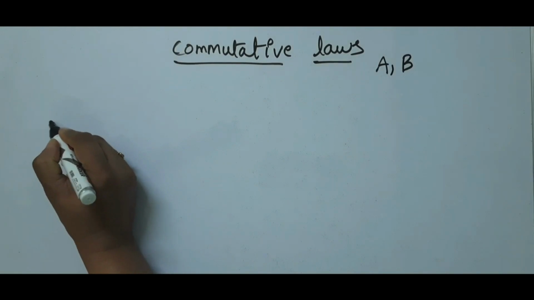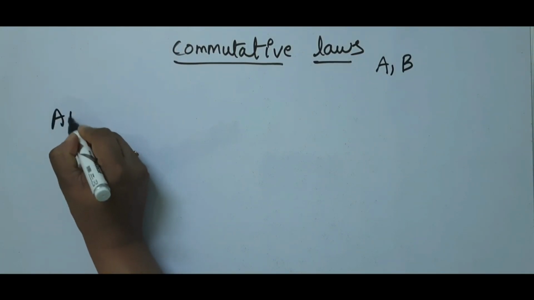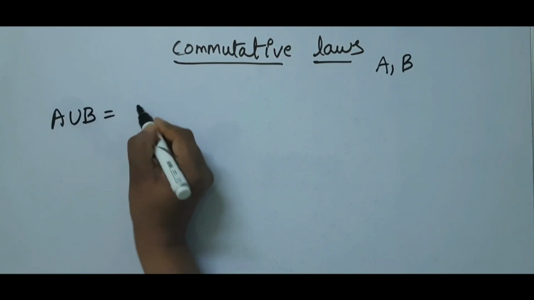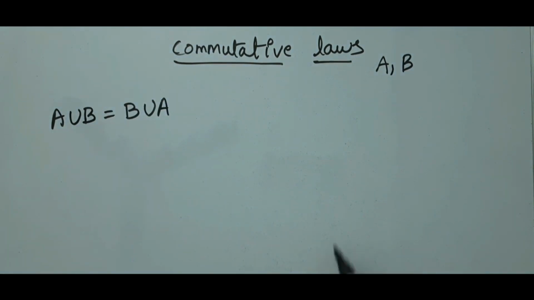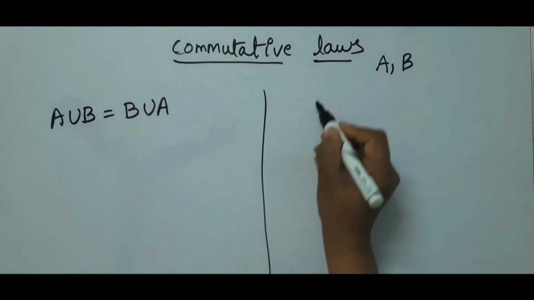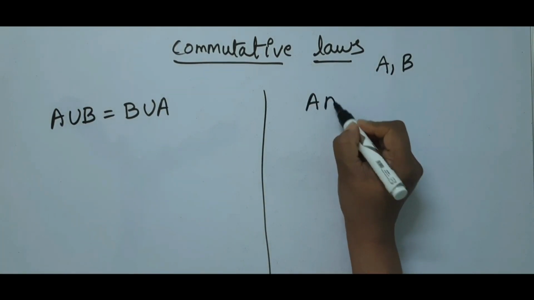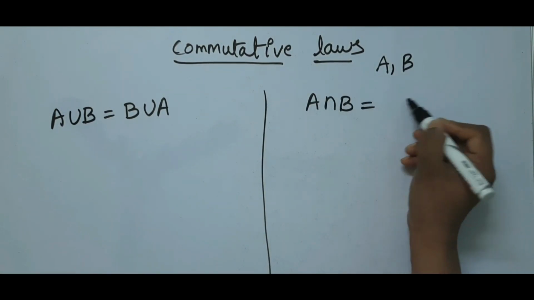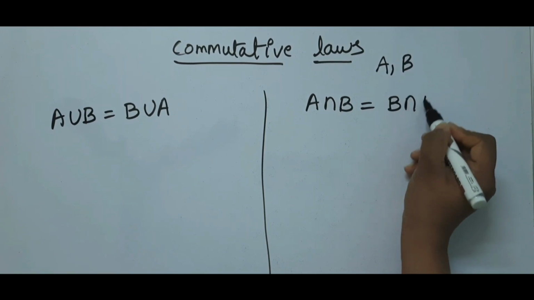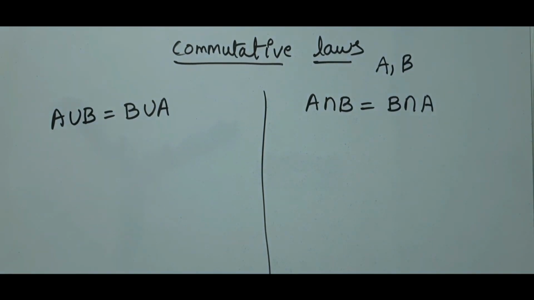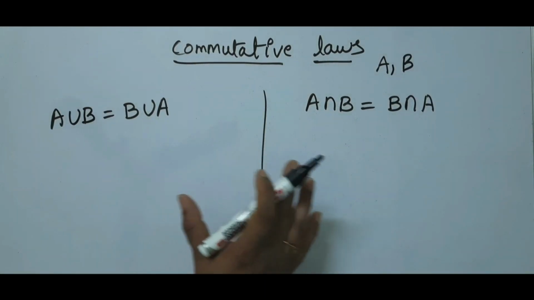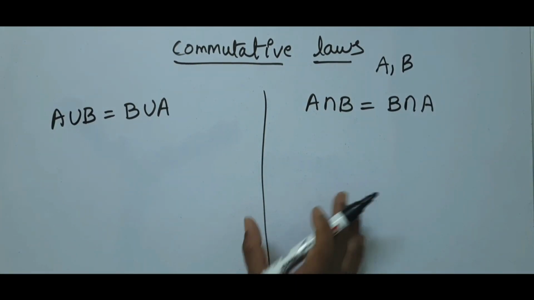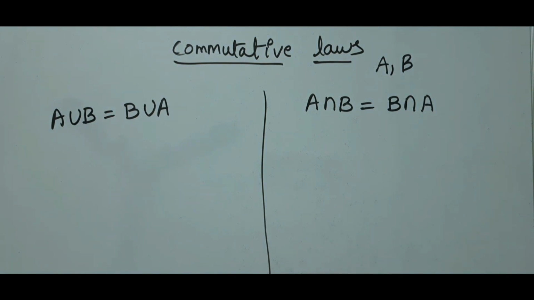In case of union, A union B equal to B union A. In case of intersection, A intersection B equal to B intersection A. Okay. Now let us study these two rules regarding the commutative law with a proof.